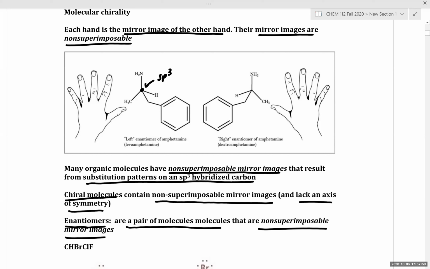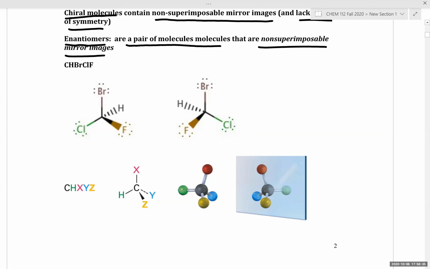Just like our left and right hands are enantiomers of each other, they're non-superimposable mirror images with the same formula and same basic connectivity of atoms. Molecules that exist as a pair of non-superimposable mirror images are known as enantiomers. So these two drawn structures are enantiomers of each other. They're non-superimposable mirror images. Let's look at another example for enantiomers.